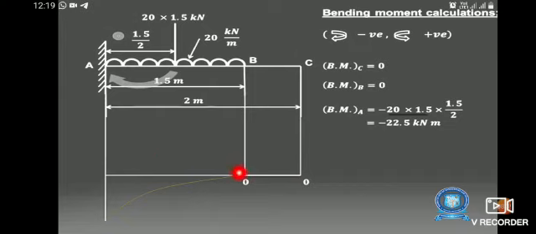That is the diagram for bending moment. Bending moment at C point 0, B point 0, and at A minus 22.5 kilonewton meter. An arc curve will be formed in the bending moment diagram.